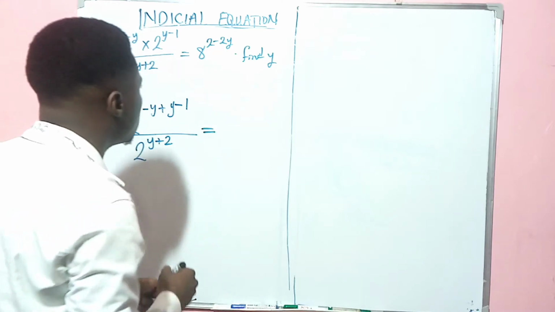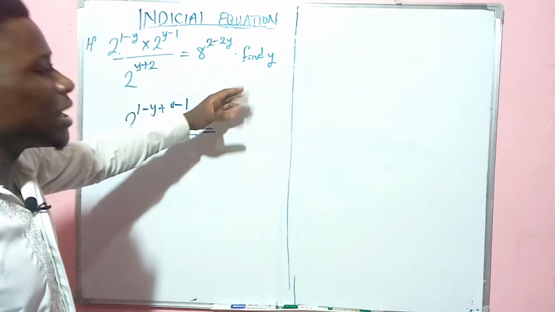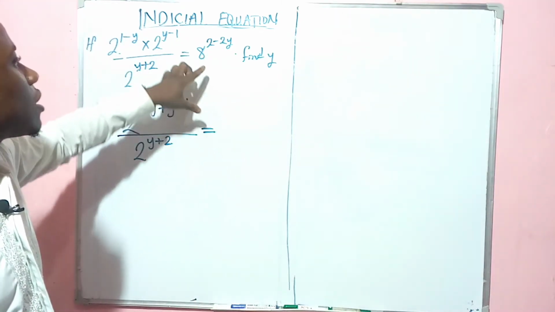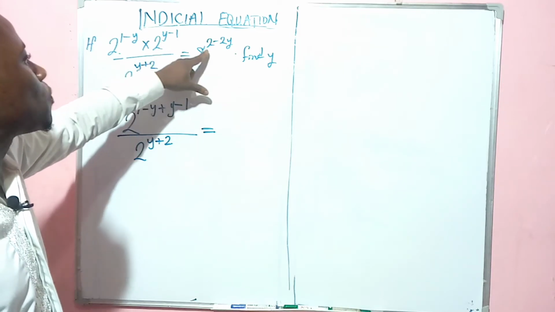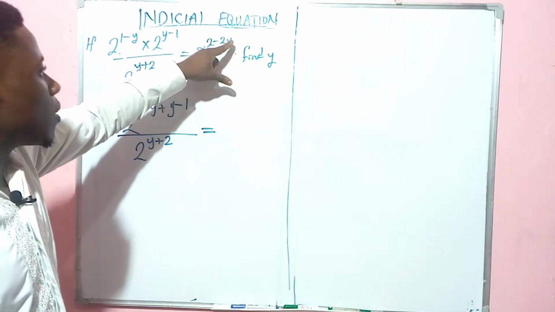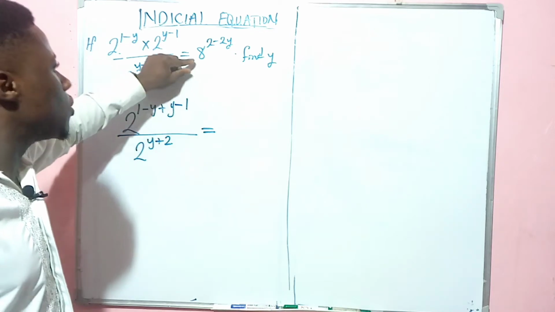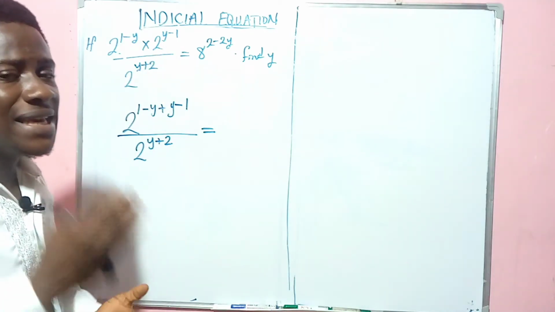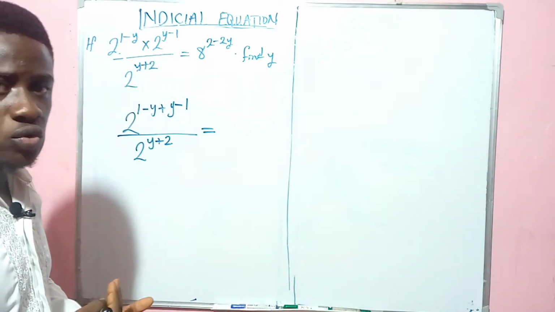Then equals to. Then the other side of the equation, if you consider the other side of the equation now, I have 8 raised to power 2 minus 2y. You can see that 8 is a multiple of 2.